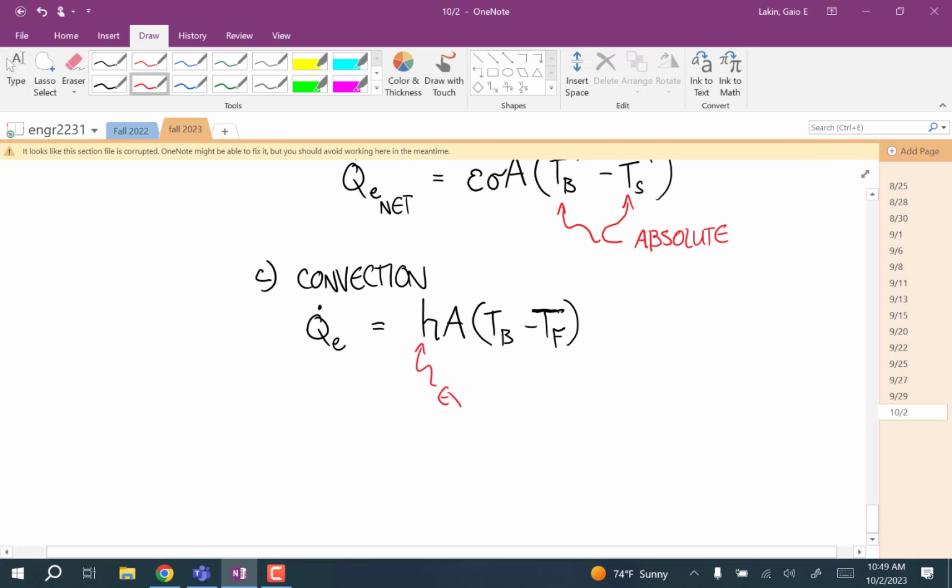So this h is experimental. You have to figure that out for your specific application. And this A is the area that's exposed to the fluid.